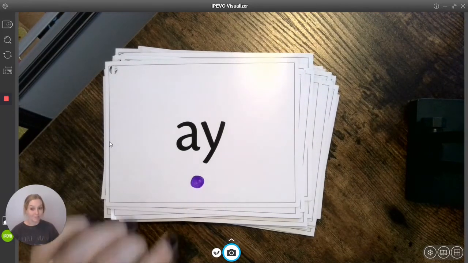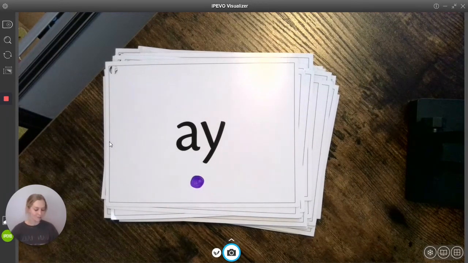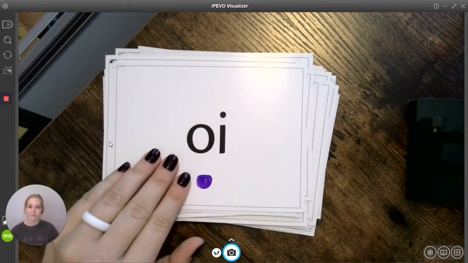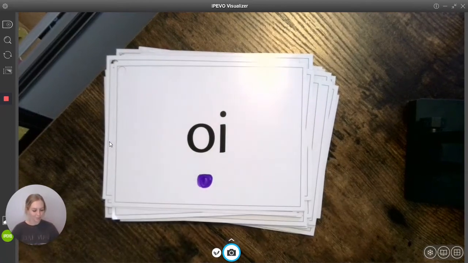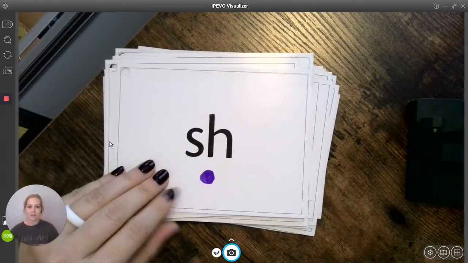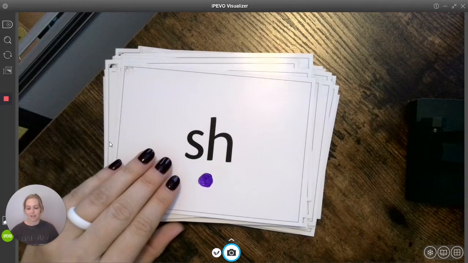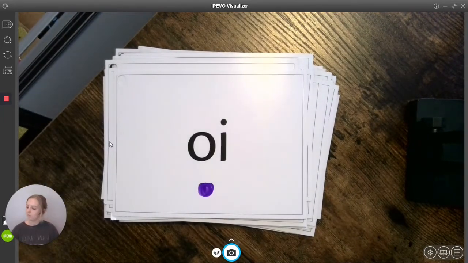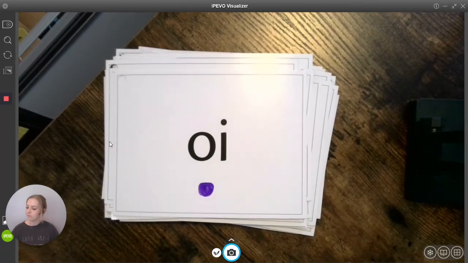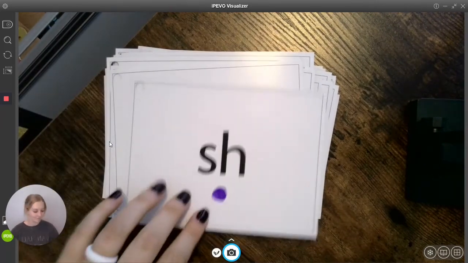A may be used at the end of English words. Oi may not be used at the end of English words. Sh, used at the end of syllables, never used at the beginning of a syllable. Same thing.